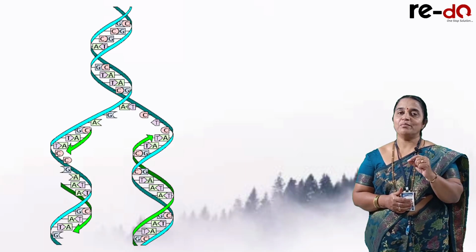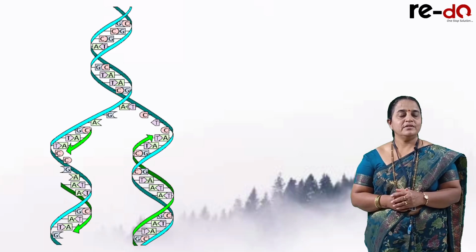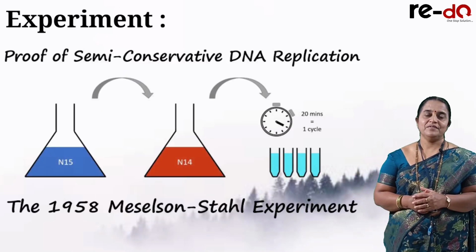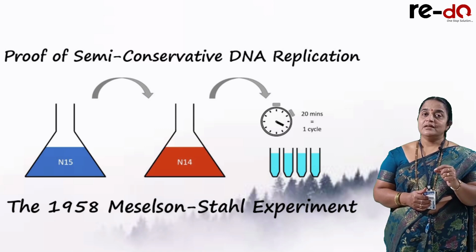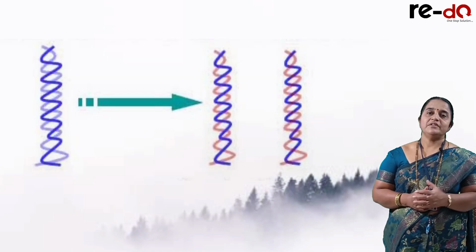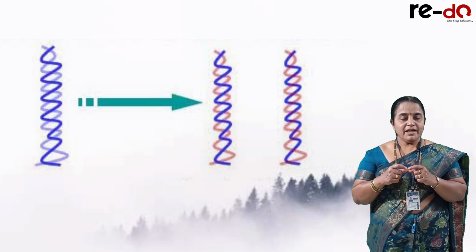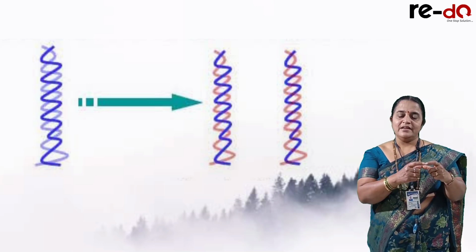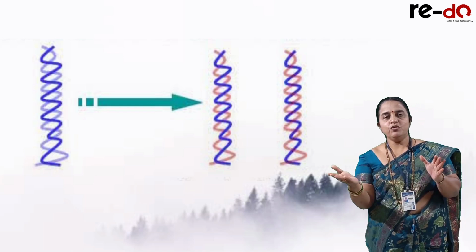To understand the autocatalytic property under the heading replication in DNA, we have to take help of the experiment conducted by Meselson and Stahl. They proved, because there were hypotheses, that a parental DNA molecule will remain as it is and it will produce another new copy.